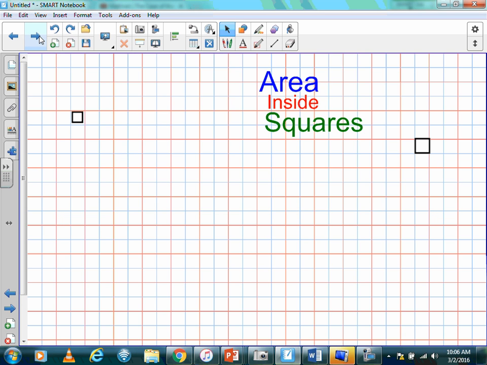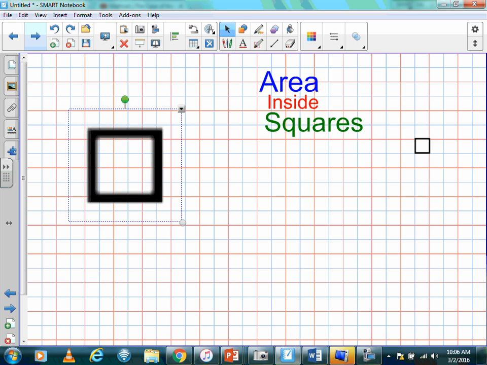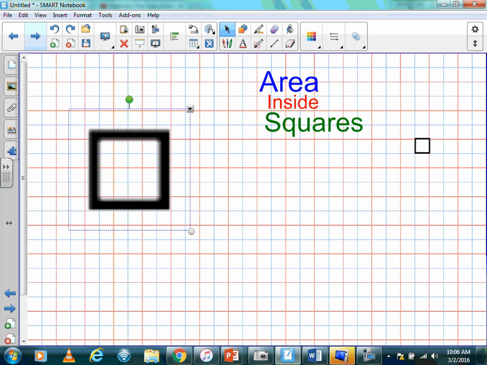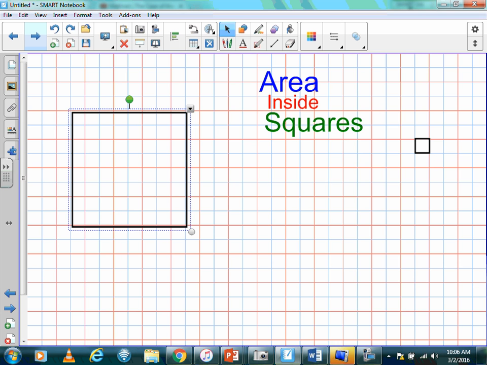And here we go. We're actually going to make squares. Let's just talk about the thing that we just did a minute ago. Here's one square. Let's see if I can make them bigger. Nope, not liking that. Let's see.